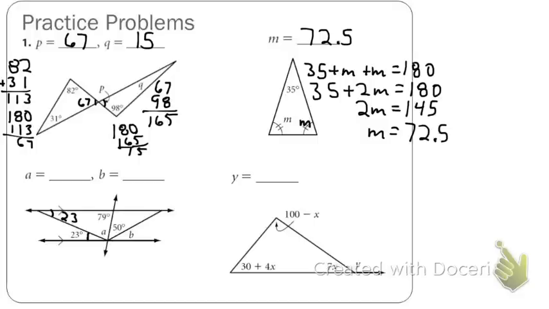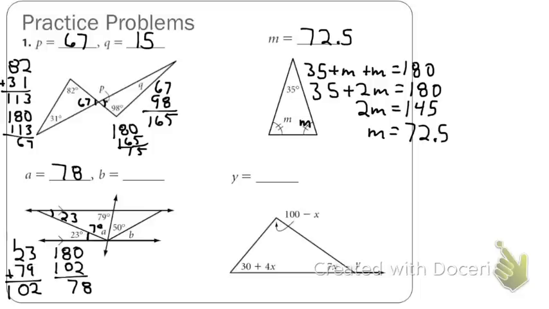So since that's the case, I could do 23 plus 79 gives me 102, and then subtract 102 from 180 and get A is 78 degrees.